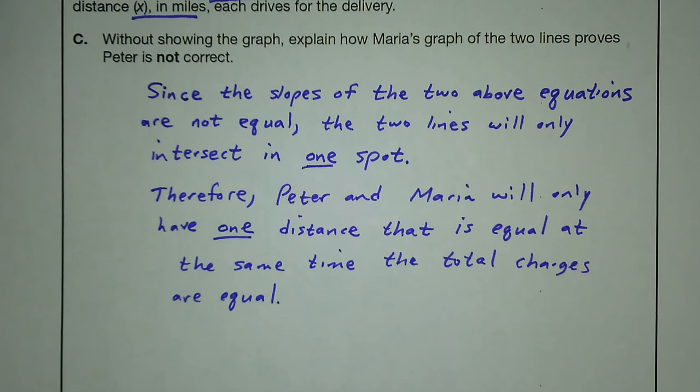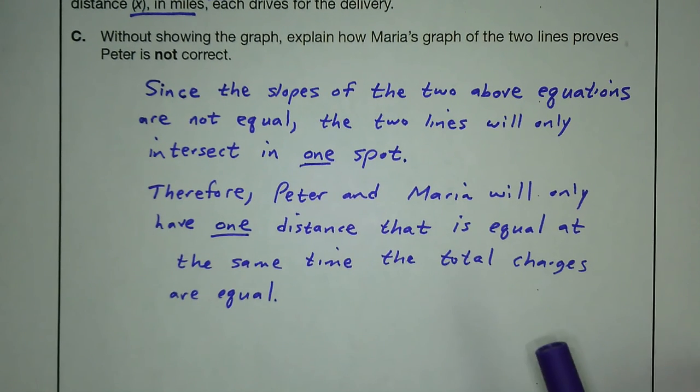That's a really good way to say it, actually, because each line contains all of their individual combinations. Peter's line contains all of his separate combinations, and Maria's line, all of her individual combinations. And if these two lines are only going to intersect at one spot, because that's how lines are, then Peter's wrong and Maria's right. Okay?